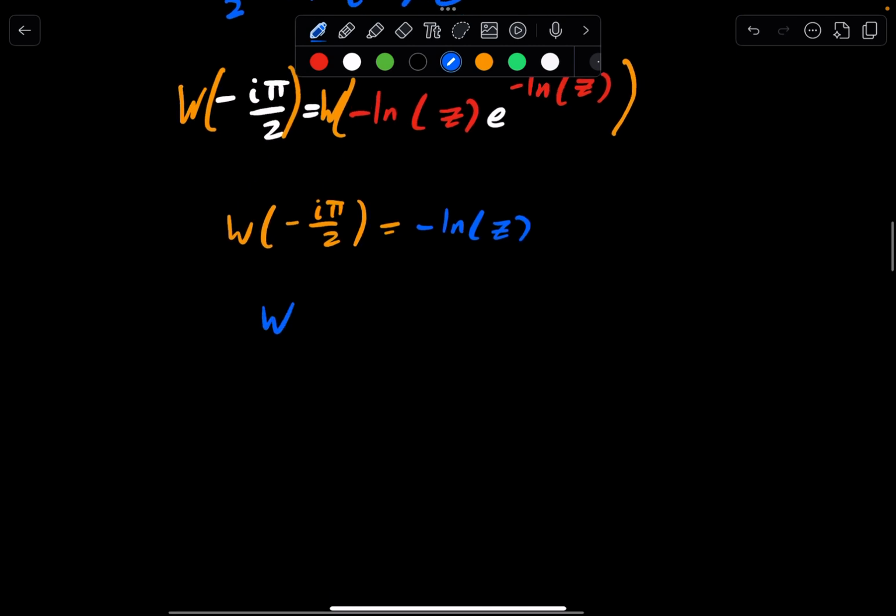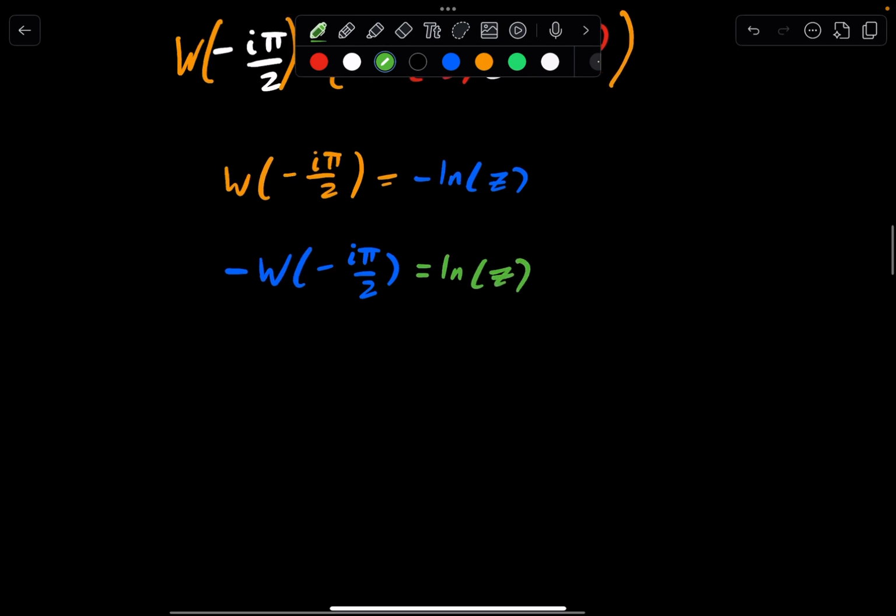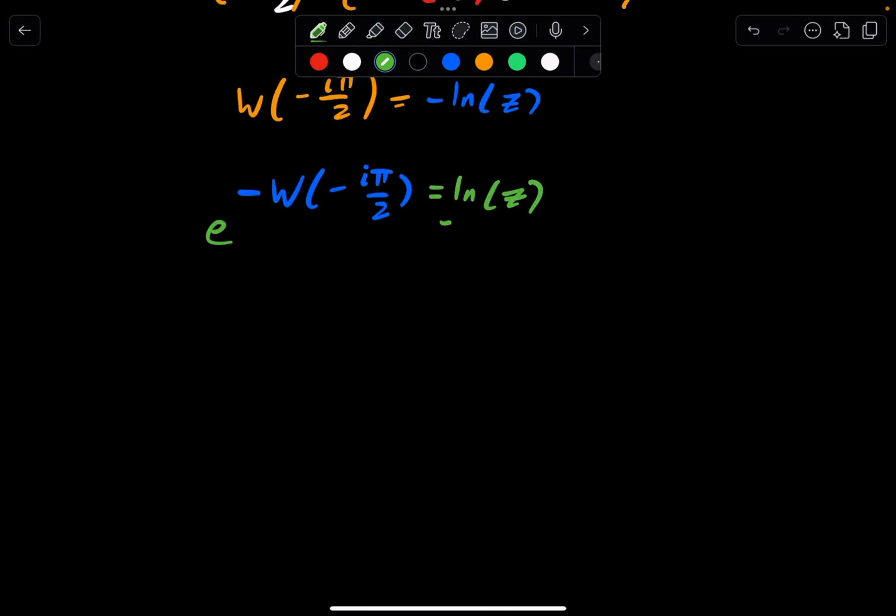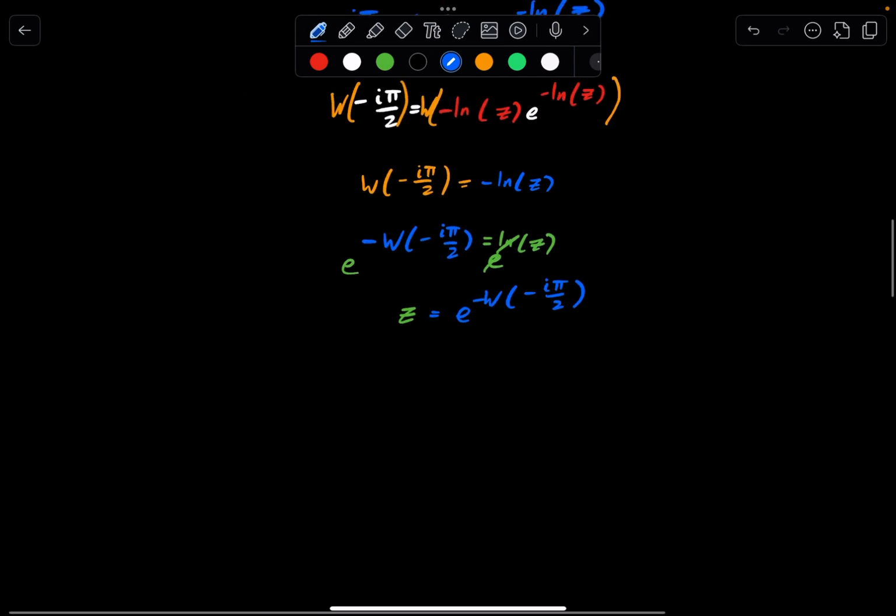Now we have the negative Lambert W of negative i pi over 2 is equal to ln of z. Exponentiate, just like this. e and ln cancel. Now we have z, ladies and gentlemen, is equal to e to the negative Lambert W of negative i pi over 2. Very satisfying answer, very clean.